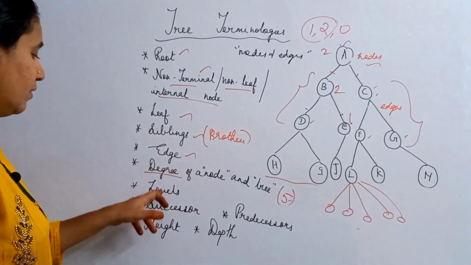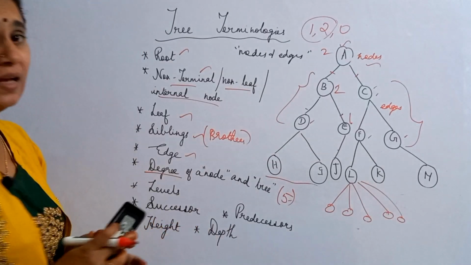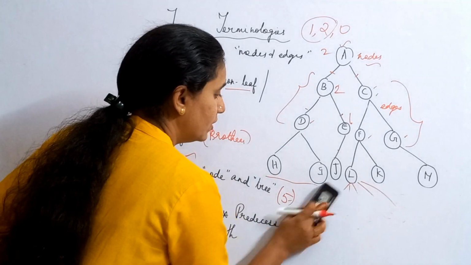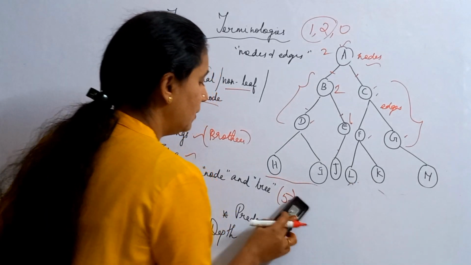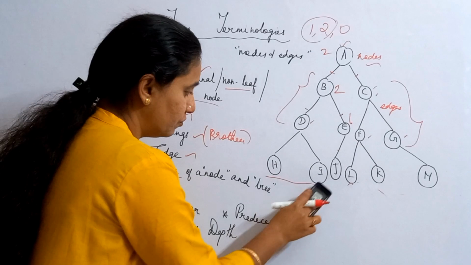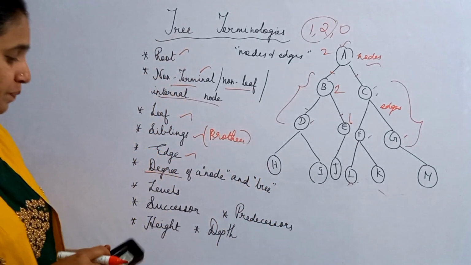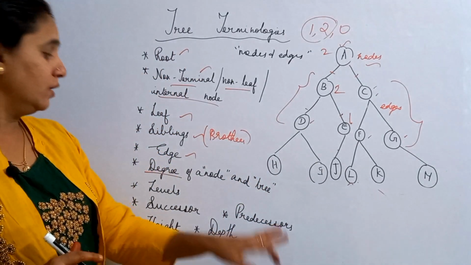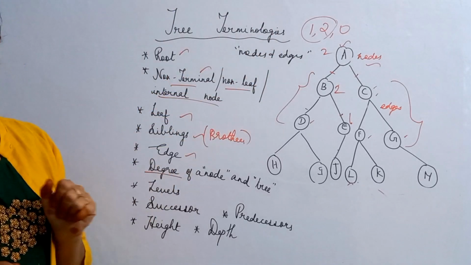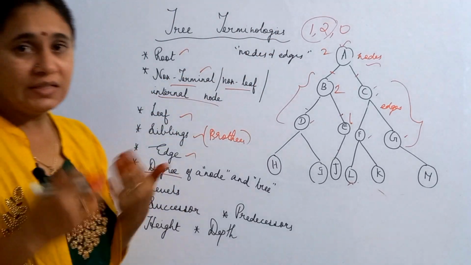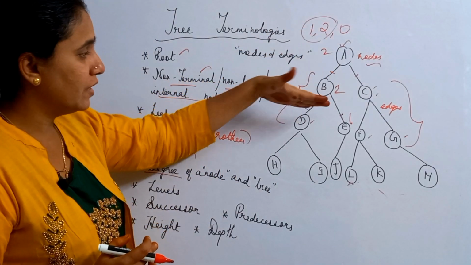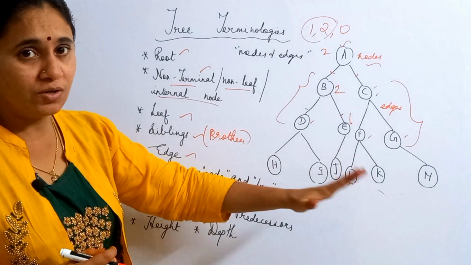Now we will go for levels. What is called a level? Sometimes they may ask in the question to find the level of a tree. Level is nothing but the height of a tree. Like this also I can tell: each and every stage of a tree data structure is called a level.